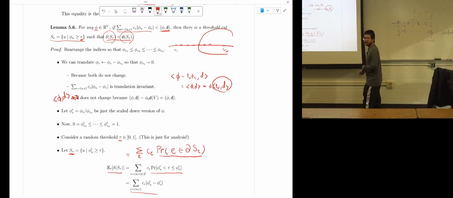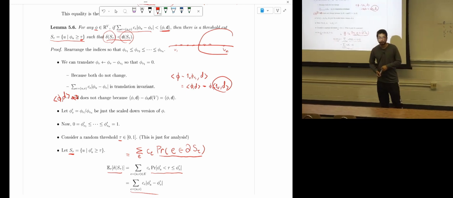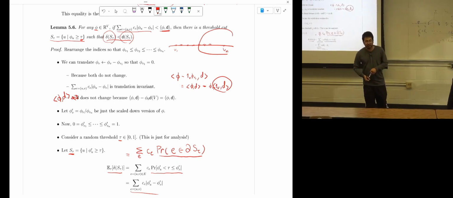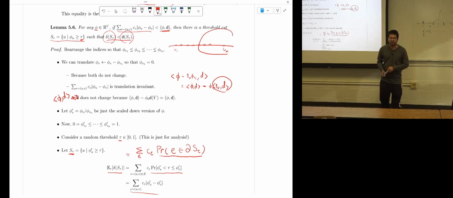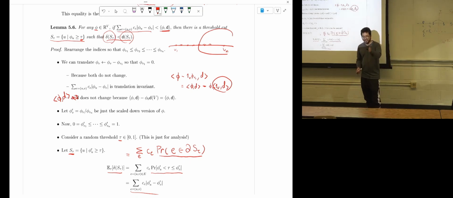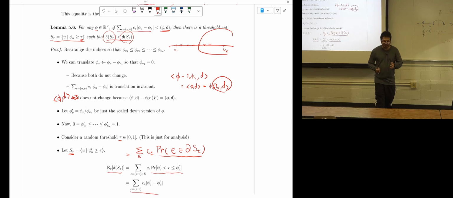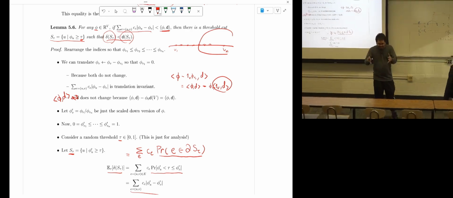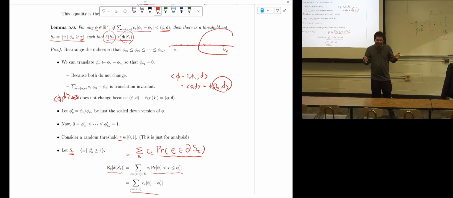I mean, there are only linearly many threshold cuts. I'm not sure how expensive it is to check each one, but if for each of these you can literally just check it in linear time. Yeah, but there are still linearly many cuts.